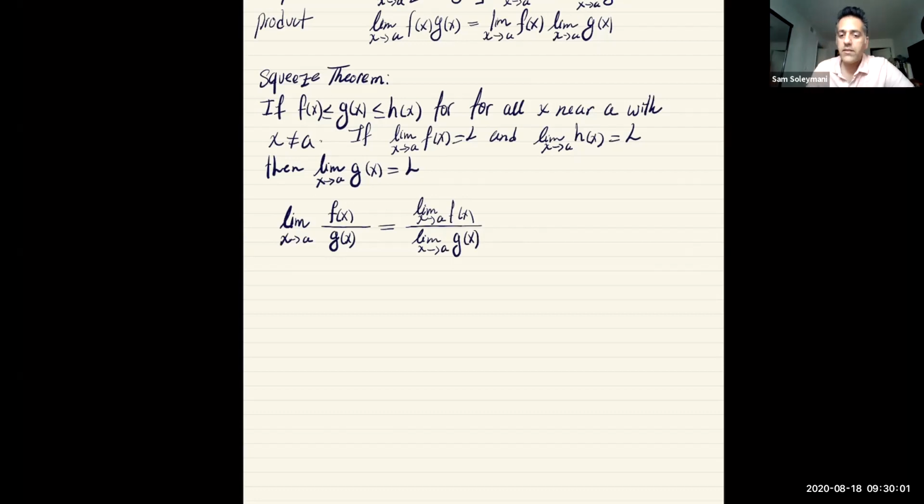Given that, first of all, the limit of f and g are not both 0.